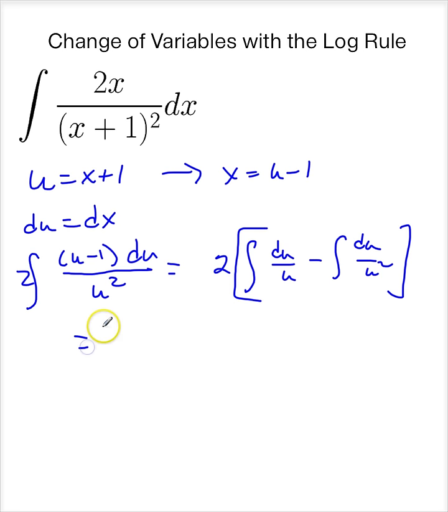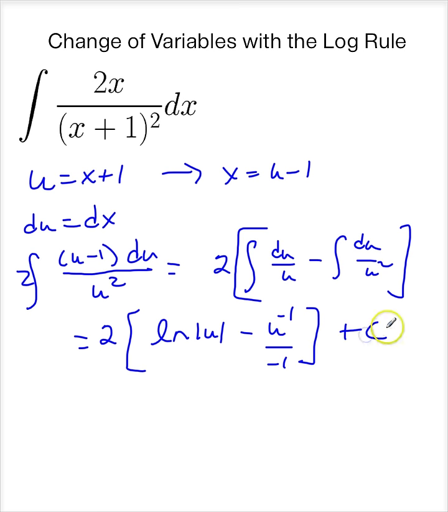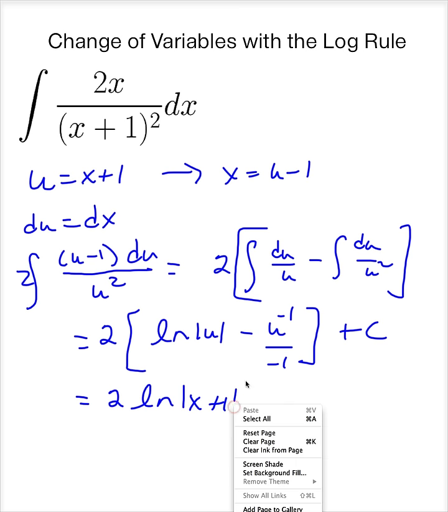All right, so this becomes 2 times the natural log of the absolute value of u minus, now this is u squared, so it's u to the minus 1 divided by minus 1, and the whole thing plus c. I always put that plus c on the outside. So let me substitute back in. This is 2 times the natural log of the absolute value of x plus 1.